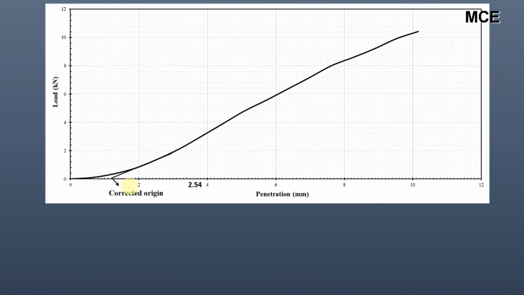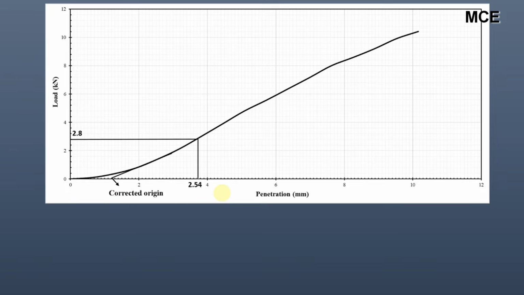To get the penetration of 2.54 mm from this 1.2 mm value, we will simply add 2.54 mm to 1.2, which is equal to 3.74 mm, and find this value on the graph which lies here. From this point, we will draw a vertical line which intersects the curve at some point. From that point, we will draw a horizontal line which gives us the load corresponding to 2.54 mm penetration.